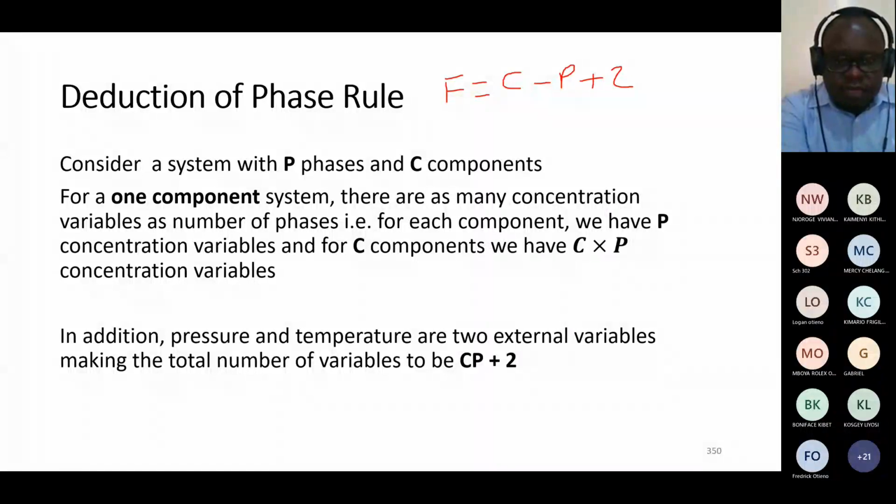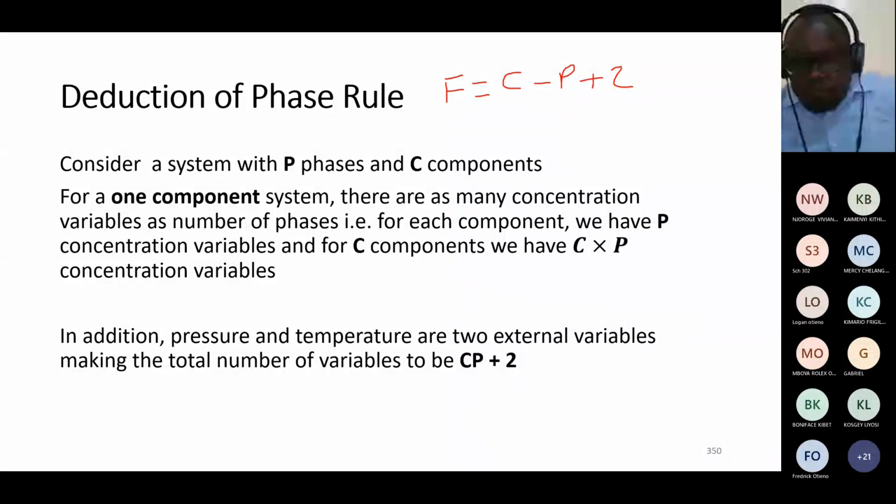But if you have two phases, then you're going to have different concentrations of that component in the two phases. If you have three phases, then you're going to have three different concentrations in the three phases. So there are as many concentration variables as the number of phases.